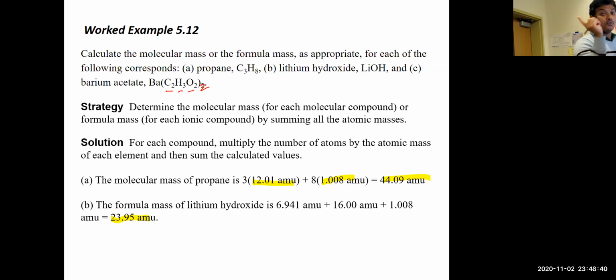Inside, there are already 2 carbons, and you multiply by 2, so you actually have 4 carbons. Inside the parentheses you have 3 hydrogens, and outside you have 2, which means in reality you have 6 hydrogens. Inside you have 2 oxygens, and outside a 2, so you have 4 oxygens. There are no parentheses around barium, so you have a single barium.